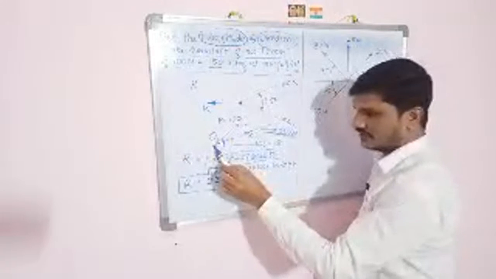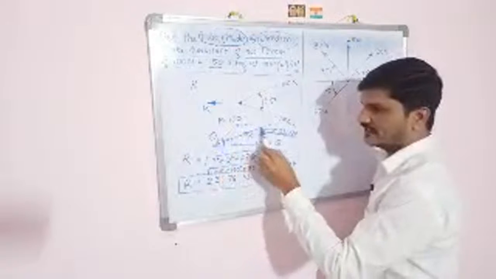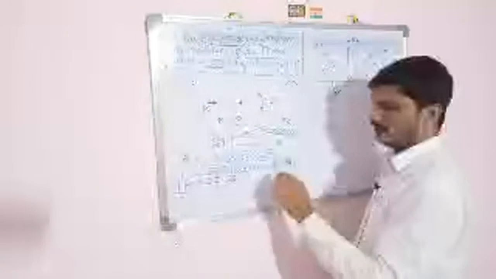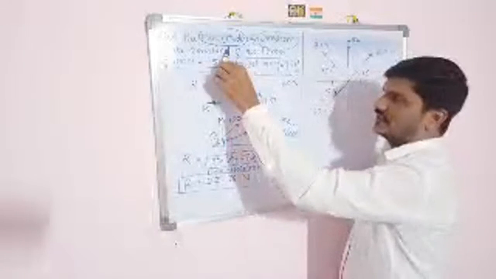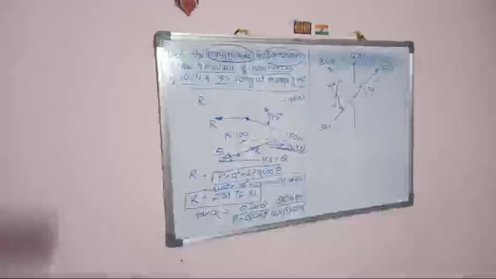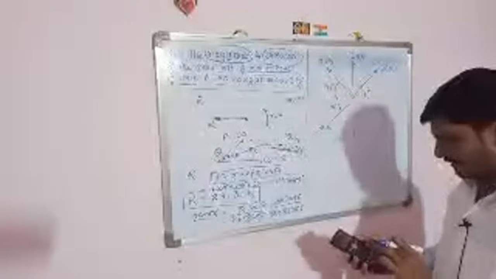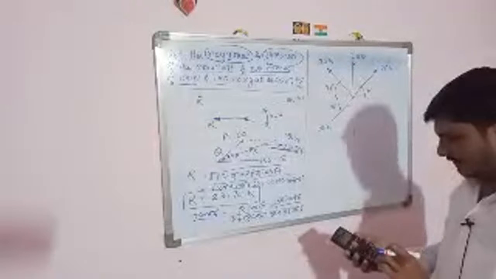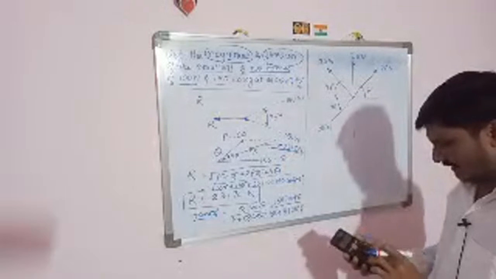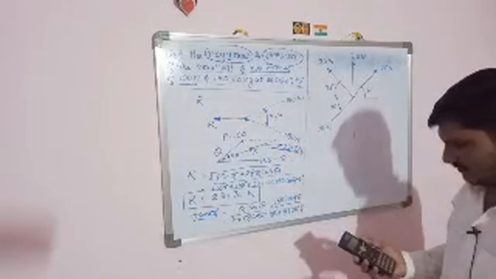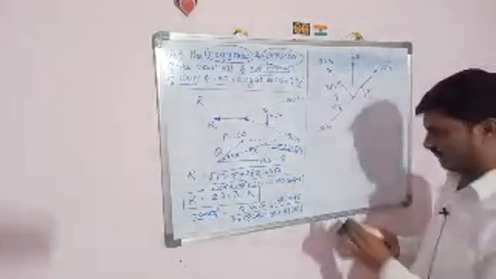Initially we assume that it is at the diagonal. Now with the magnitude we can calculate tan alpha. So you need to calculate alpha: 150 cos 45 degree, then you get 0.51.